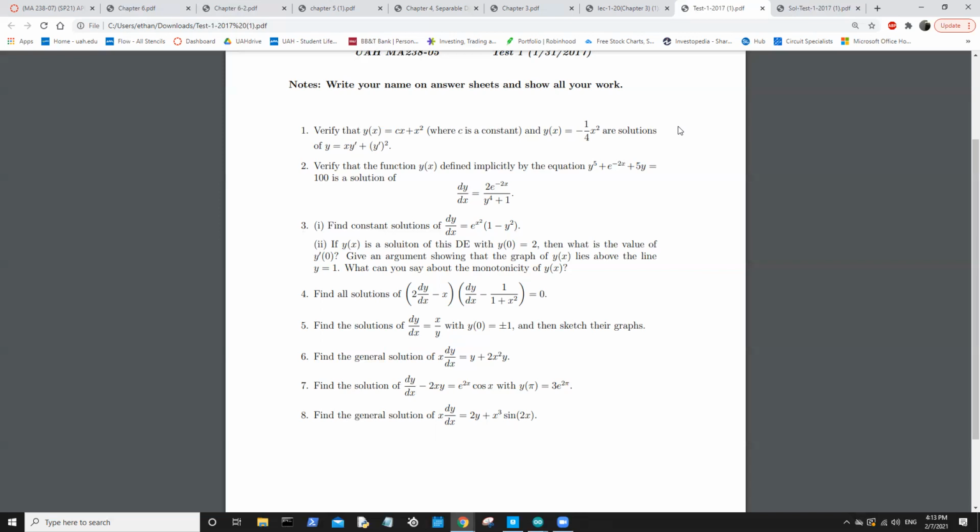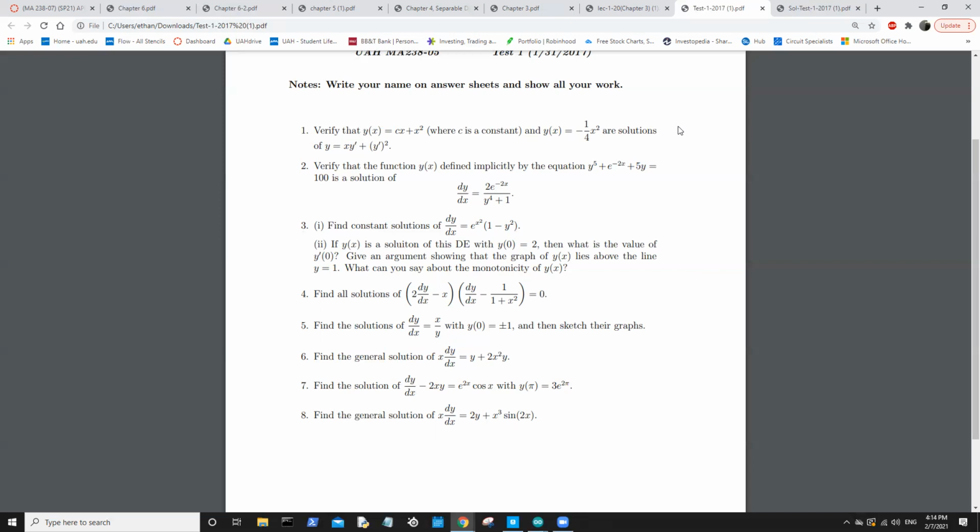It's equal to 2e to the negative 2x. 100 drops out because it's a constant. Obviously, we divide this across, it would be dy dx is equal to 2e negative 2x over 5y to the fourth plus 5.